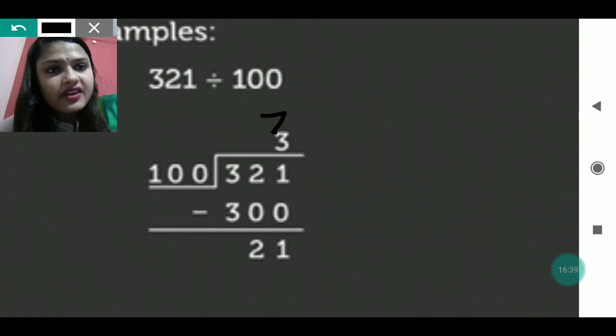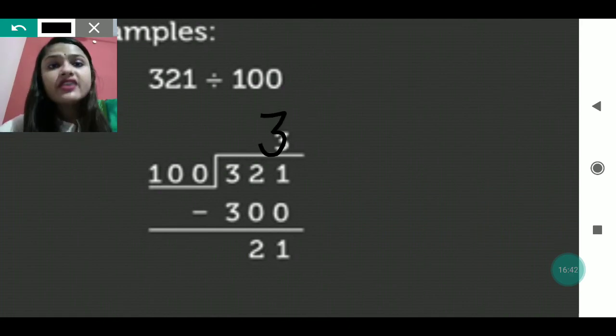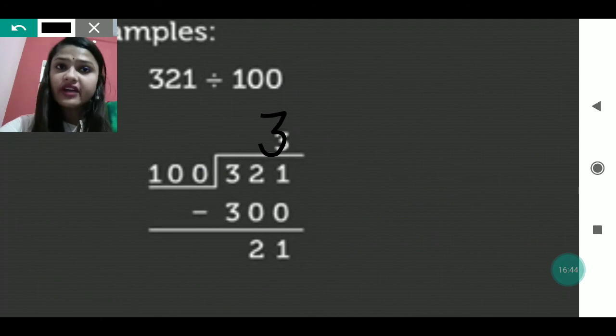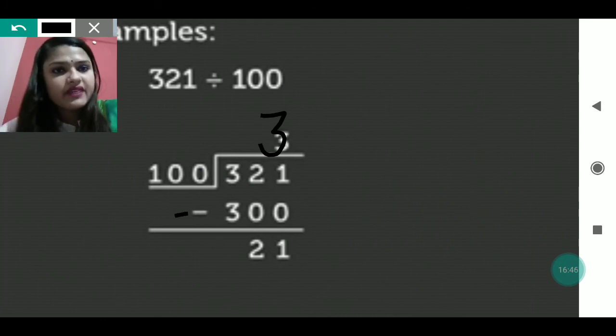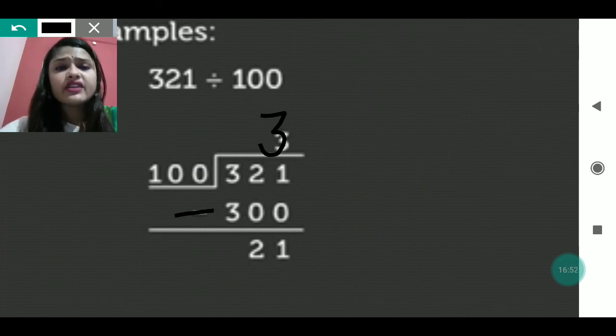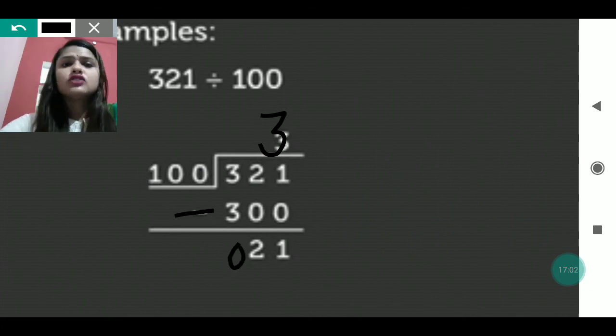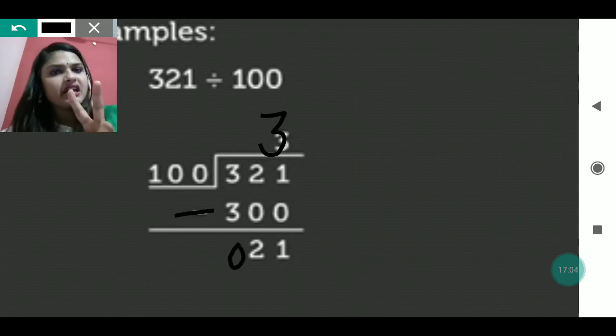First we will write 3 at the quotient place and 300 just below 321. We will give the minus sign to the right side of the 300 and subtract. So 321 minus 300: 1 minus 0 is 1, 2 minus 0 is 2, 3 minus 0 is 0. Now only a 2-digit number is left.